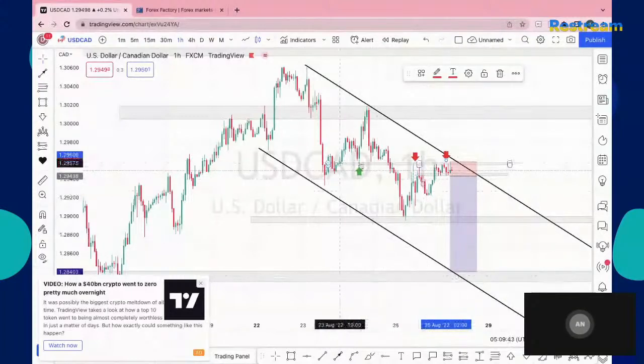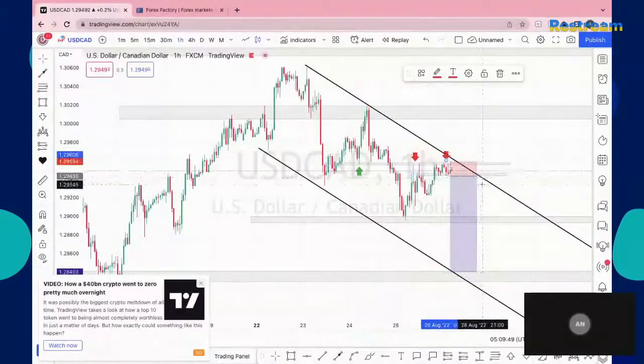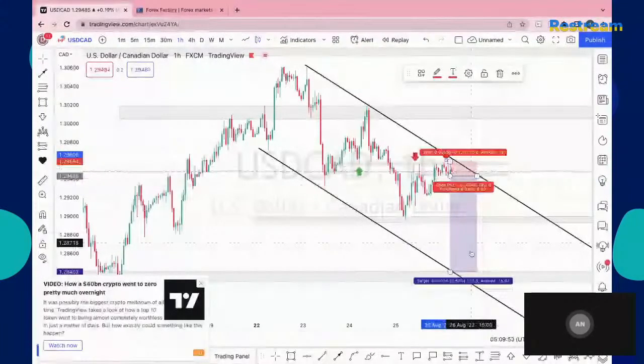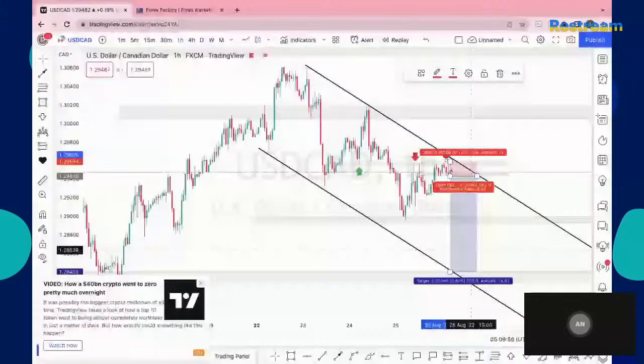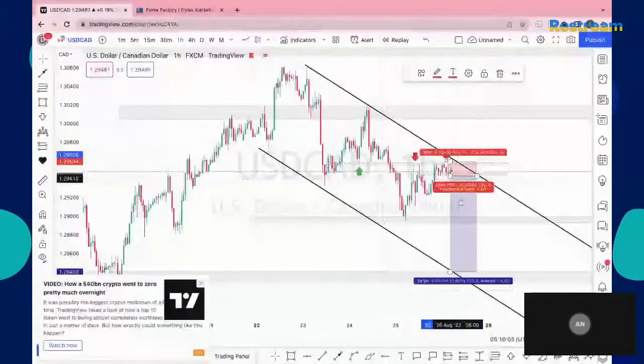Because now you've got this support that has turned resistance, and we are at a resistance trend line. So that's your confirmation for sells. Considering the head and shoulders, you already have 2 confirmations to go short.